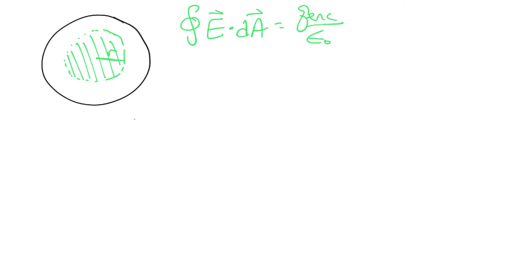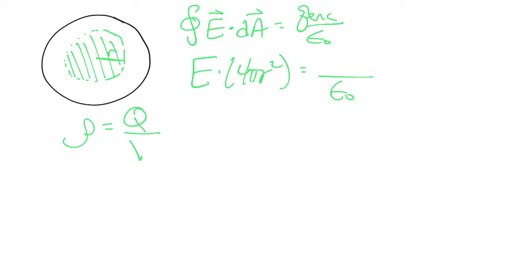So our Gaussian surface on the inside has a radius r. The enclosed charge that we're interested in is what's contained in that volume. So we get our 4 pi r squared, we get our epsilon naught. So really, the only trick here is figuring out how to find the charge that's enclosed.